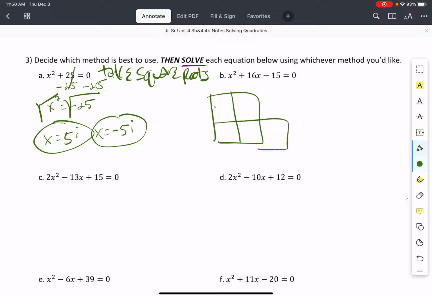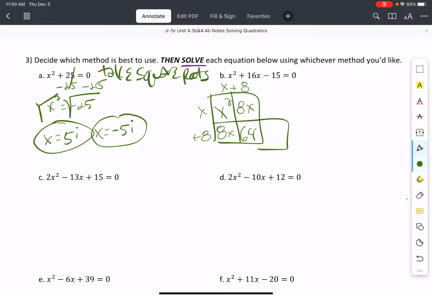So I take the 16 and I cut it in half. What is half of 16? Good. Now what? Multiply. 64, good.